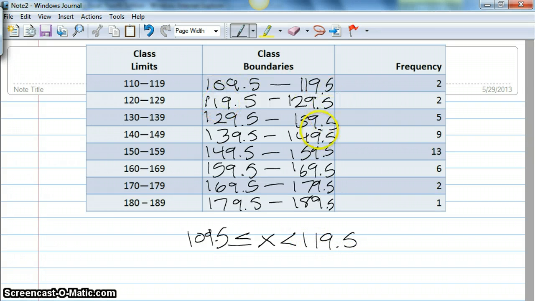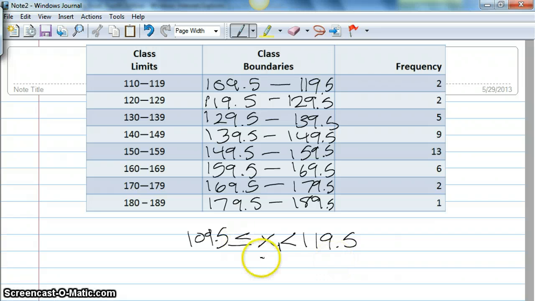So for the first class, if your data value is greater than or equal to 109.5, but strictly less than 119.5, it would be in the first class.